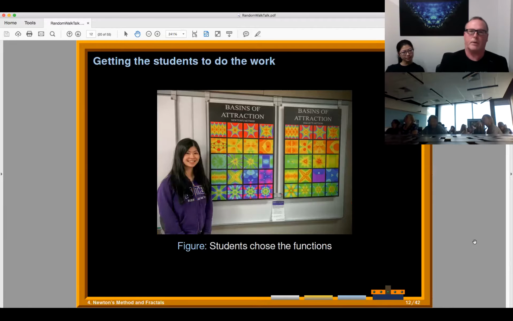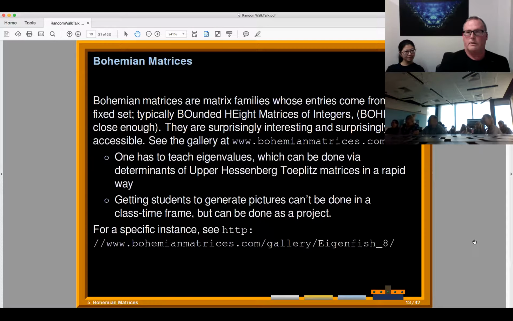And I said, well, okay, do the same function both in Newton's method and with Halley's method, and look at the different basins of attraction. And they came up with all these examples, and Eunice made these posters out of the students' answers. And if anybody wants the details of those functions, we'll send that to you. Students really enjoyed that, and they enjoyed the fact that they were involved in producing something.